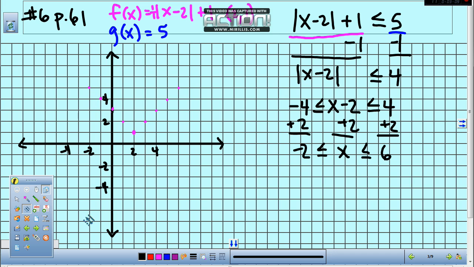Then go ahead and draw my lines, and I'll put my arrows. Now we're ready to graph g of x. g of x is equal to 5. So let me make that blue.